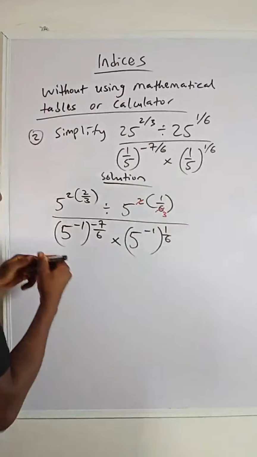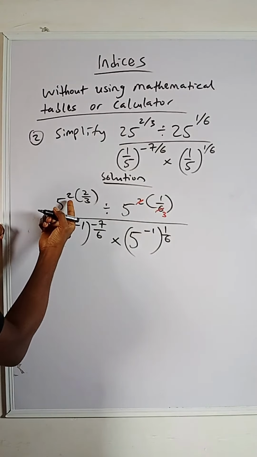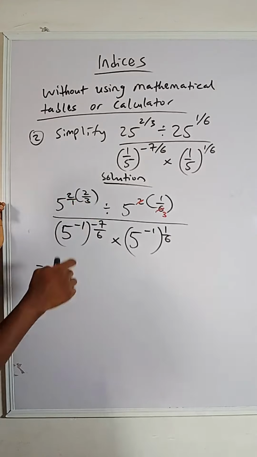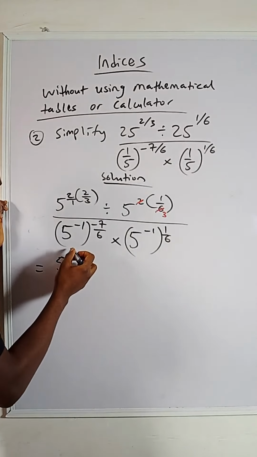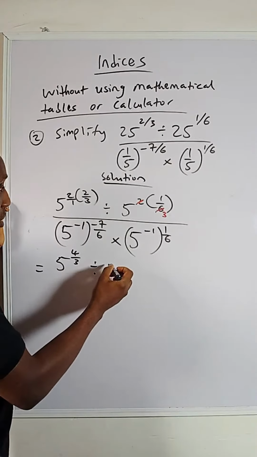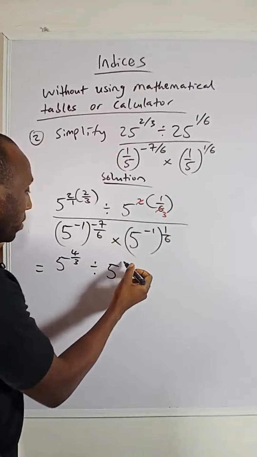So let's move on here. This 2 can be written as 2/1. So 2 times 2 is 4. That's 5 raised to the power of 4/3. Then divided by 5 raised to the power of 1/3.